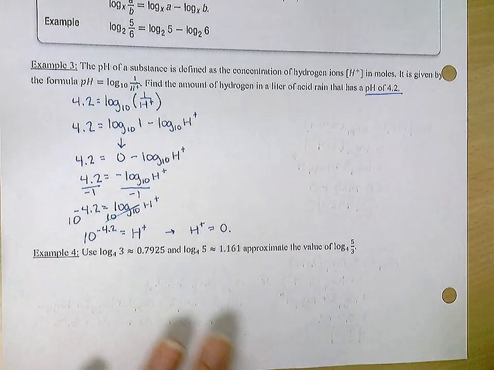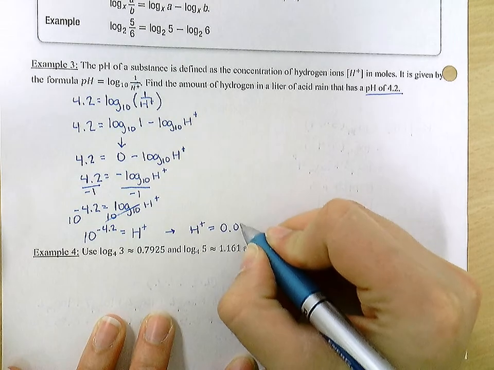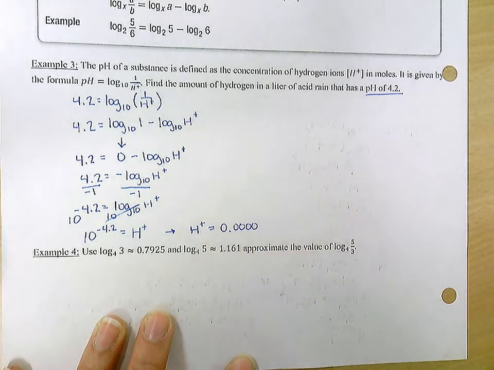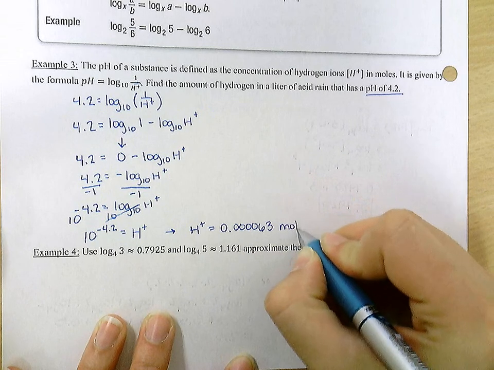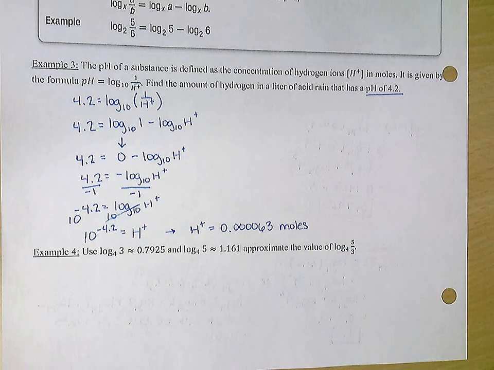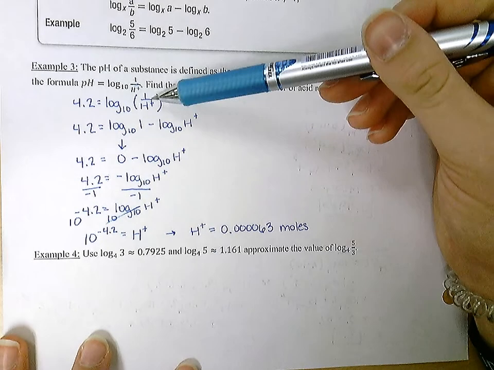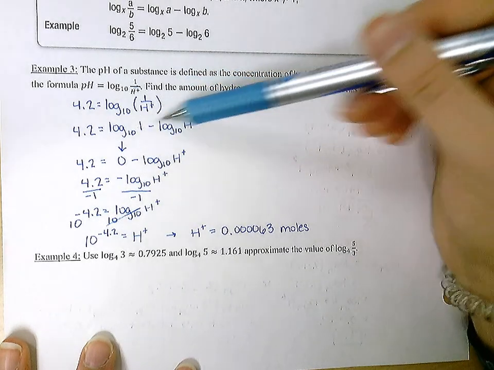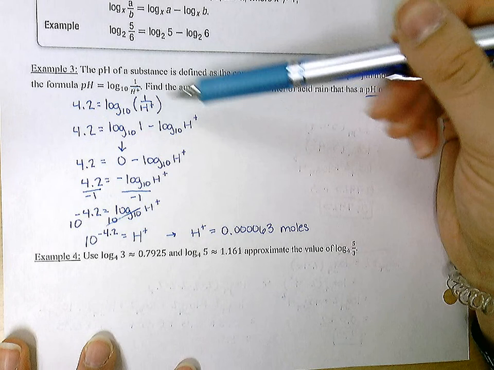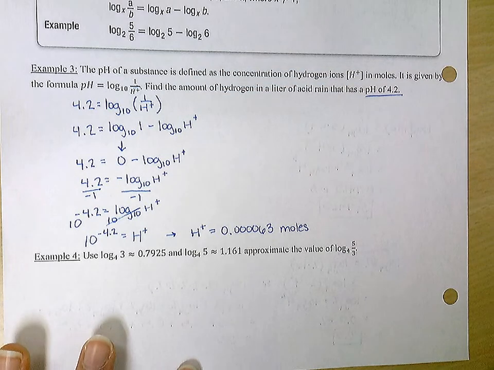You get 0.0000063, and that's in moles of hydrogen. So we can use our quotient property here with that fraction to separate it into a subtraction problem instead of having that fraction within our logarithm.